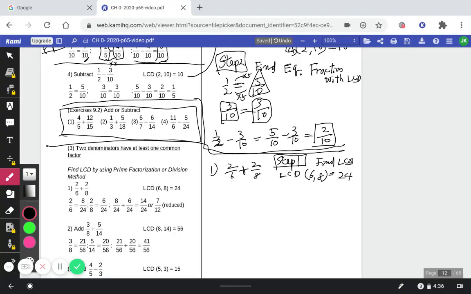Okay. Now step 2 would be to find the equivalent fractions of 2/6 and 2/8 in terms of 24.